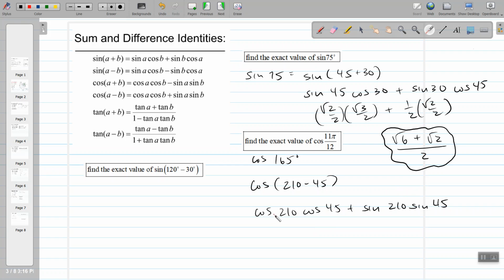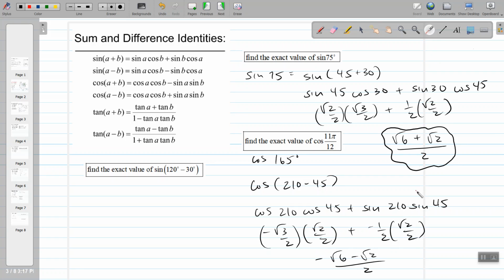Cosine of 210, if you look on your circle, I believe is going to be negative rad 3 over 2. Cosine of 45 is just going to be regular rad 2 over 2. Sine of 210, I believe, is going to be negative 1/2. And sine of 45 is just regular rad 2 over 2. So if you combine this together, I think you'll get negative rad 6 minus rad 2 over 2.